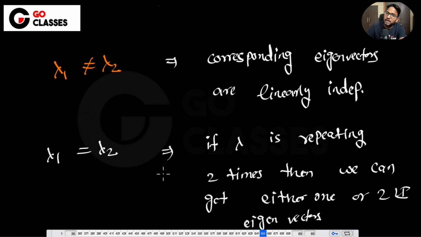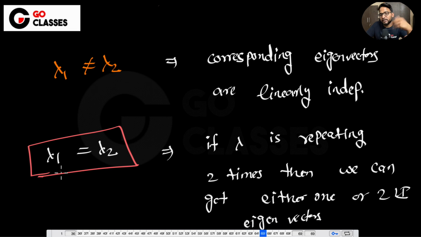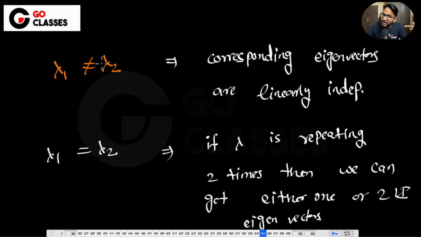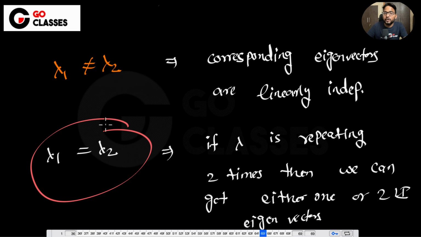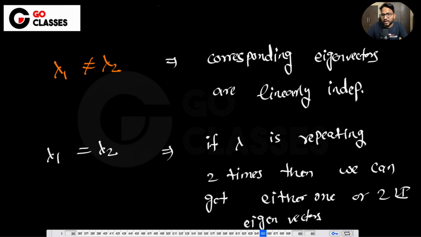If lambdas are equal, then you may get 2 linearly independent eigenvectors, or you may get just one. So just try out this question.